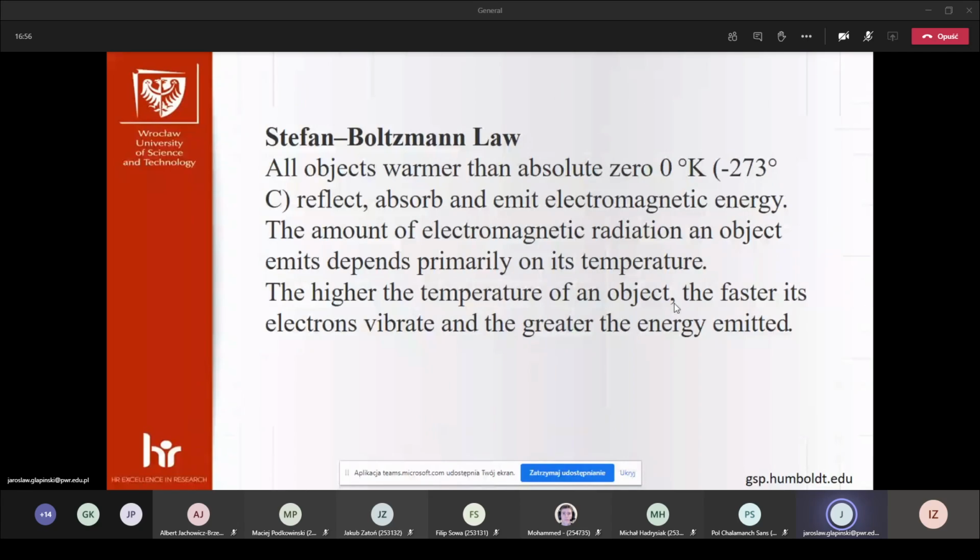Of course, we must heat them above 100 Celsius degrees, because then we can see the infrared waves. But if we make it 1000 Celsius, we can see that metals, for example, emit energy, and we can see they become red.